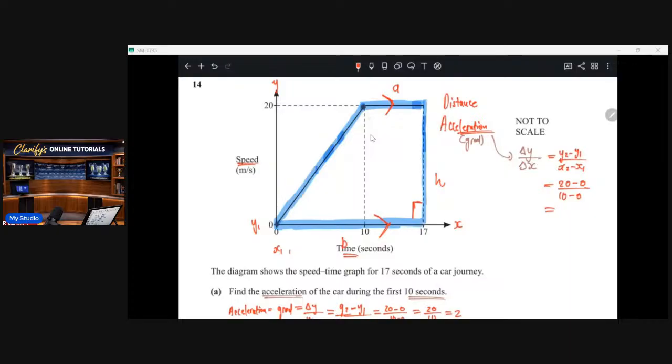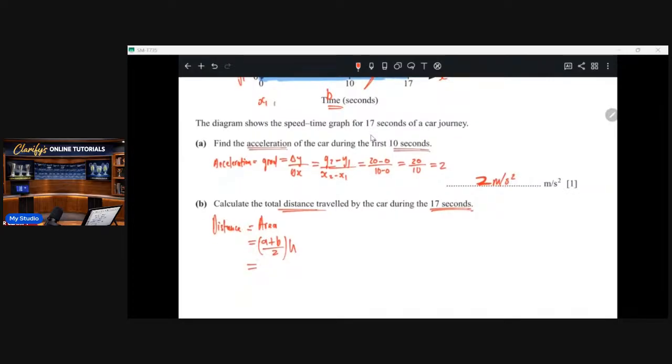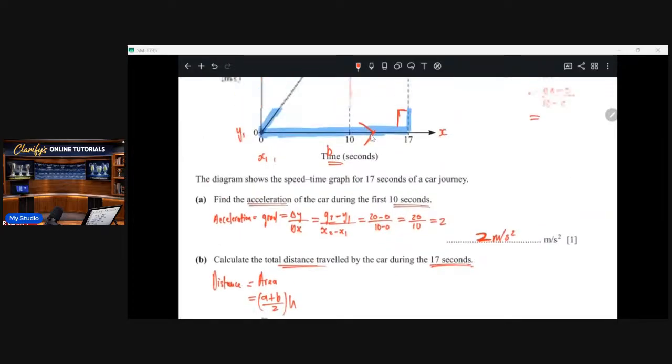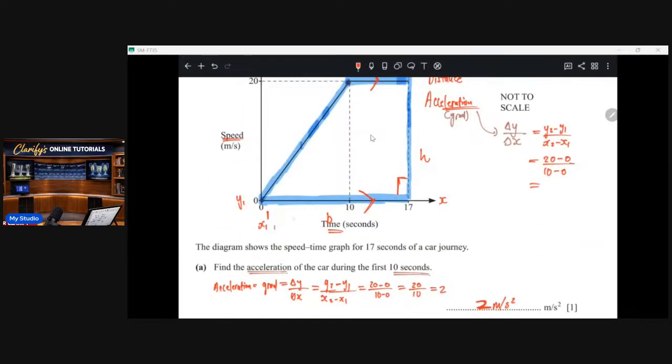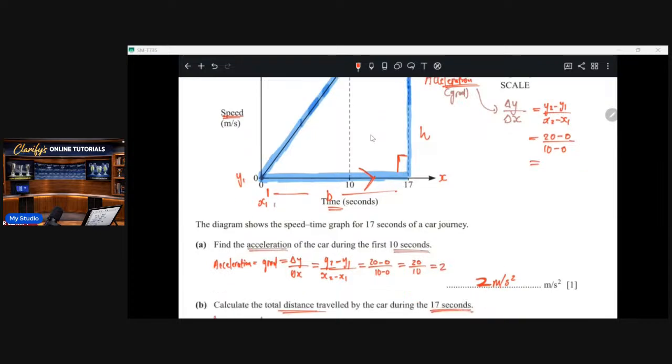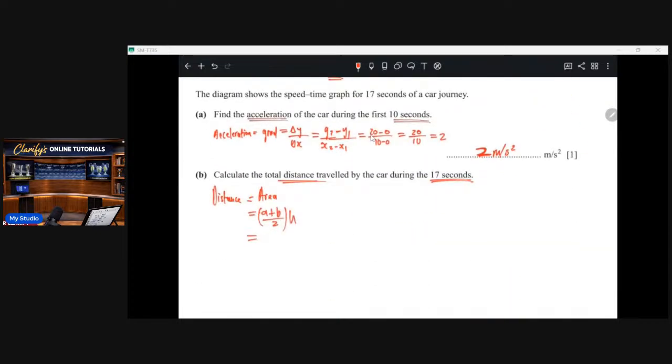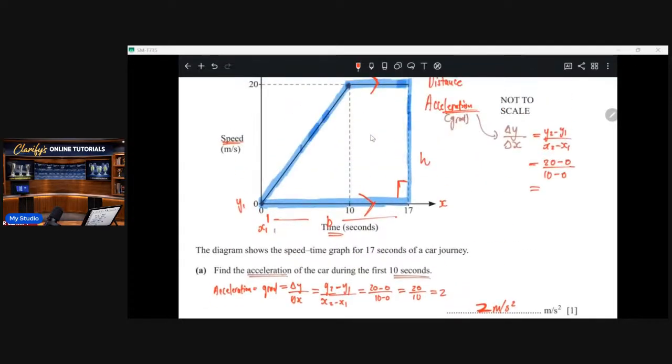Now, what is A? A starts here and ends there. This is the A, which is from 10 to 17. That's 7. So it's 7 plus B, which is the whole thing, from 0 to 17. So it's 7 plus 17 divided by 2. Then you multiply by the height.